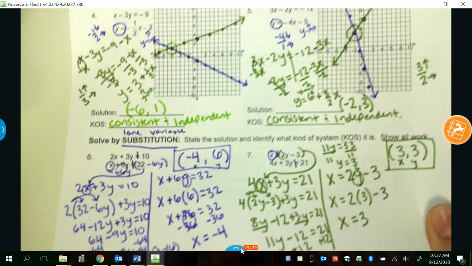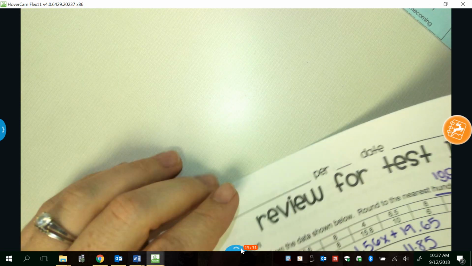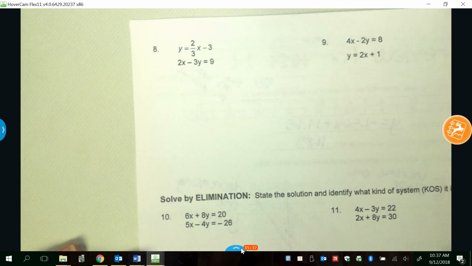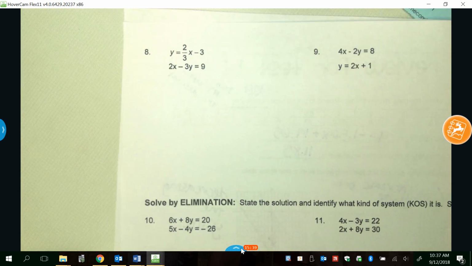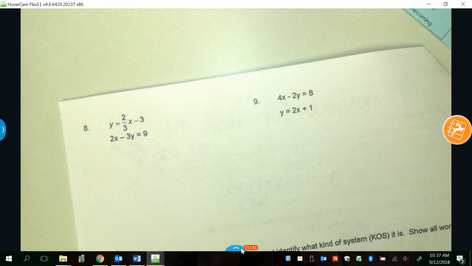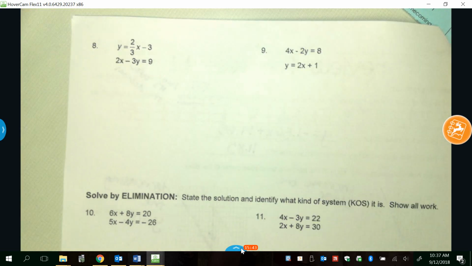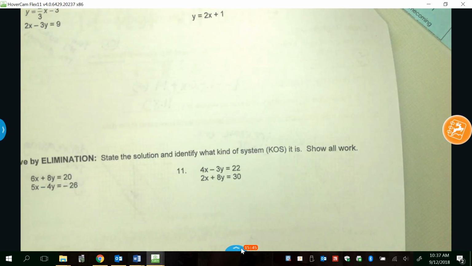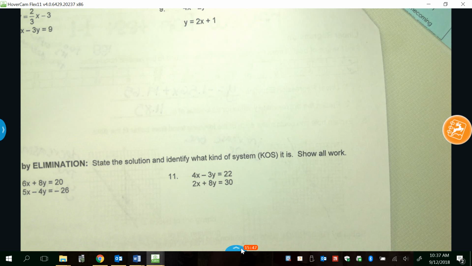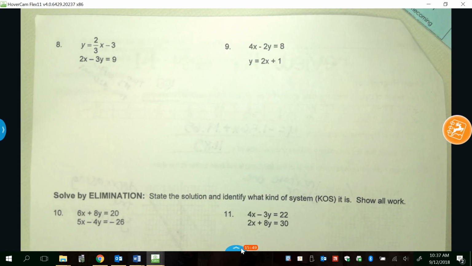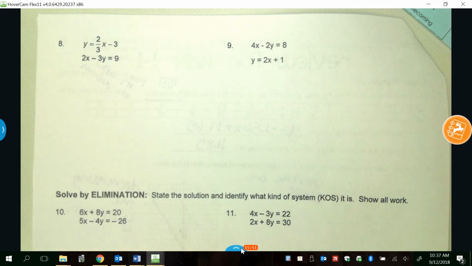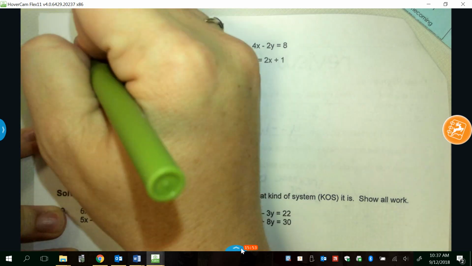Okay, let's look at the next page. Okay, so again, it's telling me to use substitution. So we have to find our loner variable, which is y.